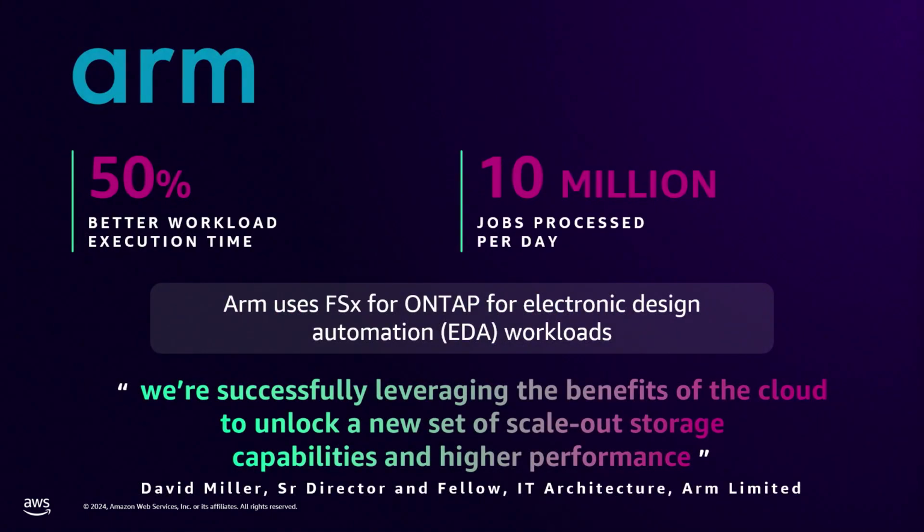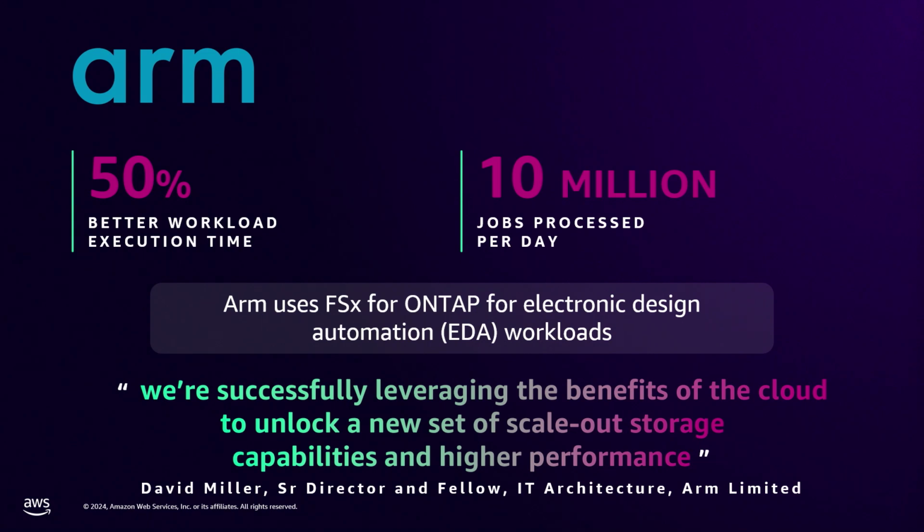Some companies that have been really using the scale-out benefits of FSx for ONTAP: one is ARM. ARM you're probably familiar with. It's a UK-based semiconductor company. They designed the ARM architecture family. ARM wanted to scale their compute for their EDA, or electronic design automation, workloads, and they turned to AWS to help modernize their infrastructure.